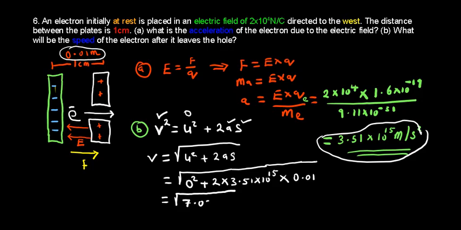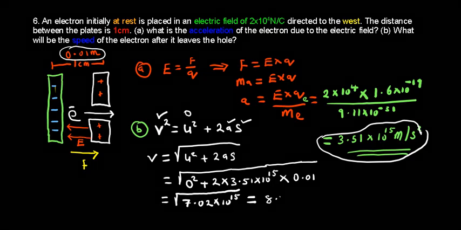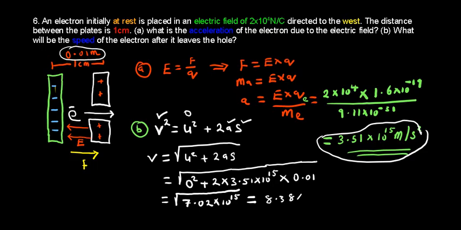Then when we take the square root of that, we are going to have 8.38 times 10 raised to power 6 meter per second, because the unit of speed or velocity is meter per second.